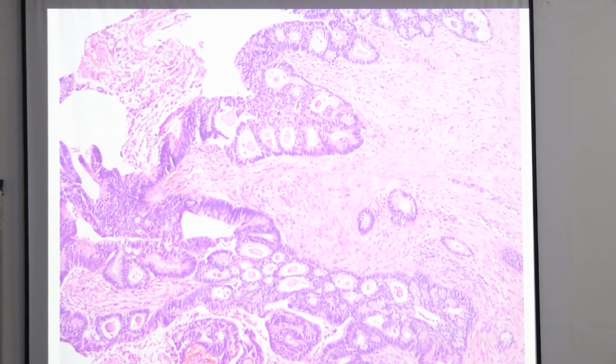This is another picture. It is crowding of the glands, and the whole of the thing is the malignant colonic mucosa, and it is also infiltrating into the wall of the colon.